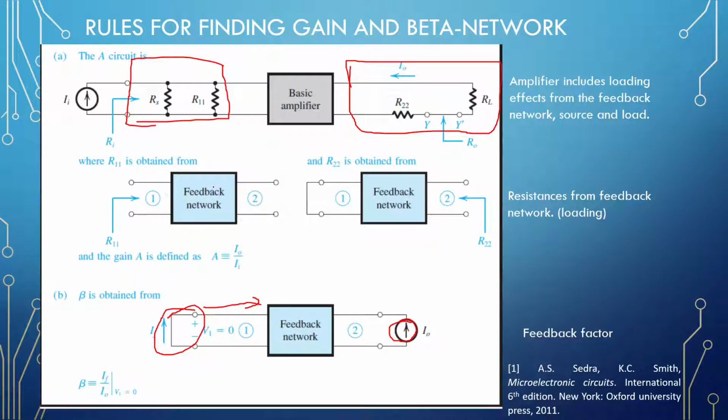For R11, you will open circuit the output on this side, and for R22, you will short circuit the output on this side, just like we are seeing right here. We have a short circuit, and when viewing from this side, this current source will become infinite and it will be an open circuit. Okay, so beta is IF over I out, and A is I out over I in.